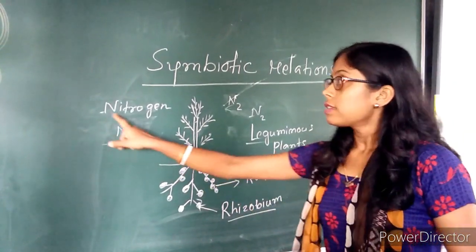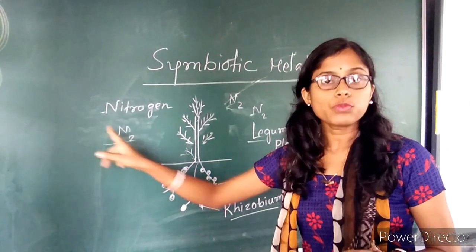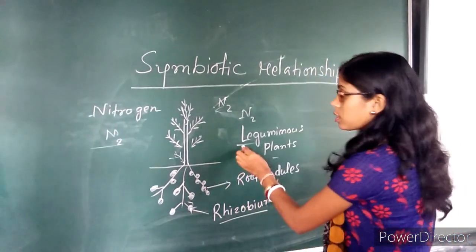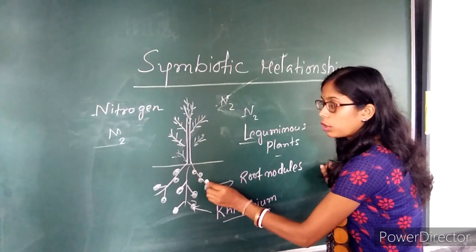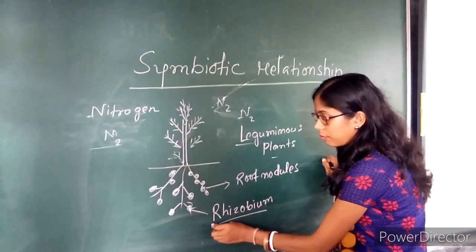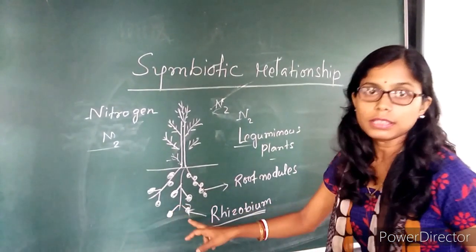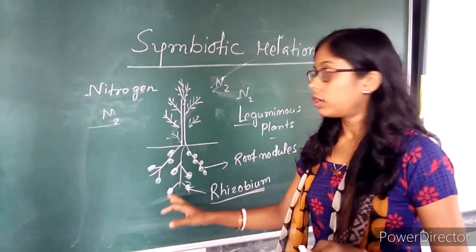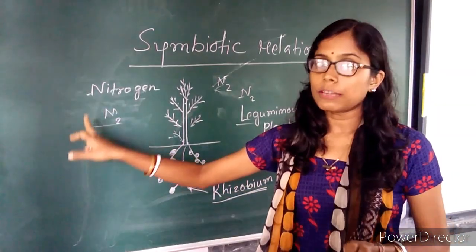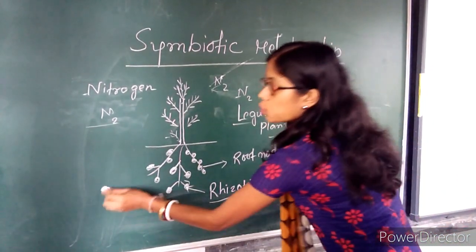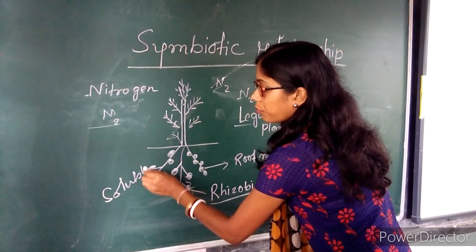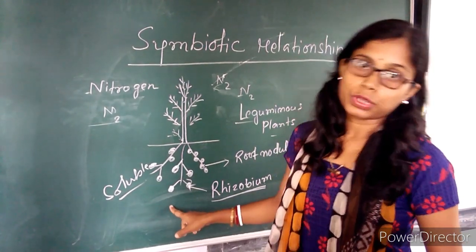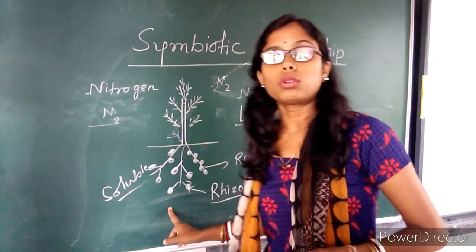Now, how can the atmospheric nitrogen be converted into soluble form? In the leguminous plant there are root nodules, and inside them, rhizobium bacteria are present. Rhizobium and other bacteria convert atmospheric nitrogen into soluble form. As a result, plants get this soluble nitrogen, which is essential for their growth.